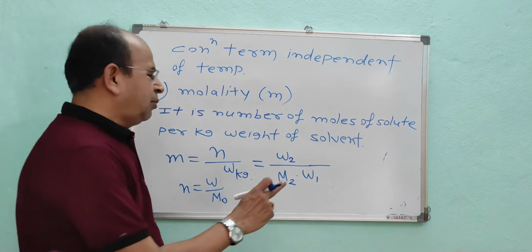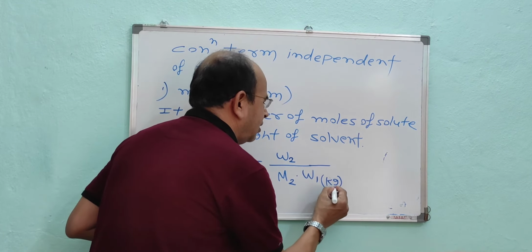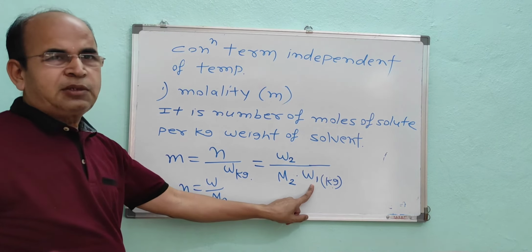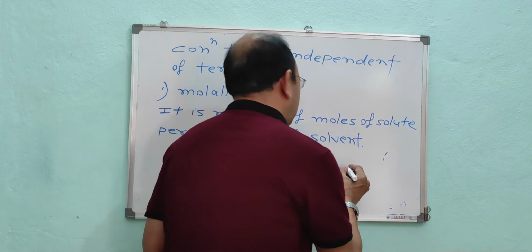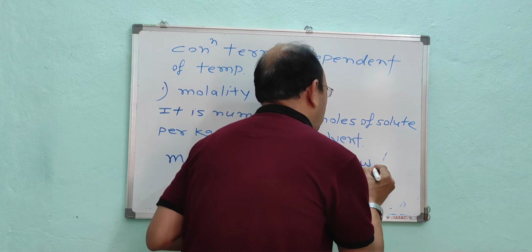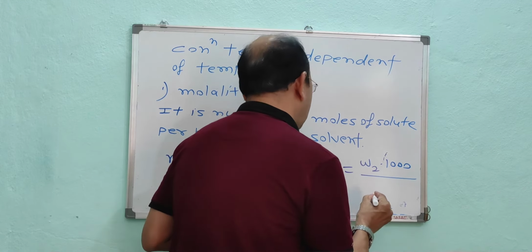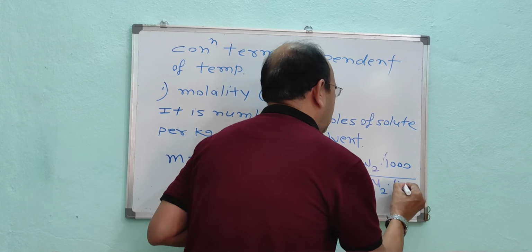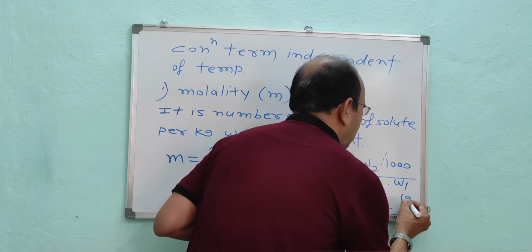Now this W1 is taken in kilograms. If you want to take this W1 in grams, you will have to multiply it by 1000. So that will be W2 into 1000 divided by M2 into W1, that is the weight of solvent taken in grams.